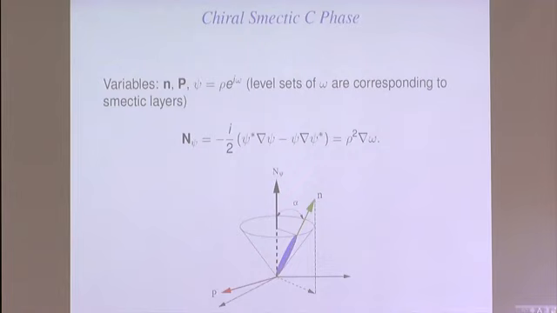Okay, here is the cartoon. This is a picture of the chiral smectic C phase. Suppose we have a layer normal in the xy plane, and then there's a constant angle, the molecule sitting on this cone, and let's call this alpha, and then the polarization vector points in this direction. So in this case, P is perpendicular to both the molecules and the layer normal.